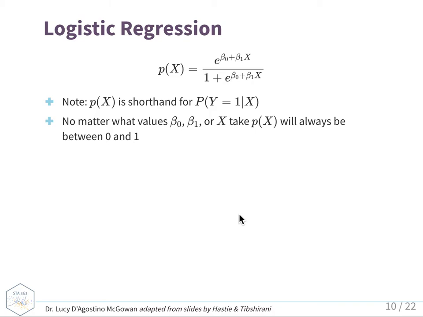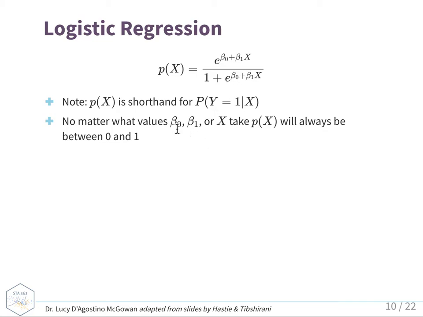Okay, so let's get into what logistic regression actually is. Just to note, when I'm writing p of x, this is shorthand for the probability that y equals 1 given x, which you may see in your book too. That probability is equal to e to the beta 0 plus beta 1 x over 1 plus e to the beta 0 plus beta 1 x.